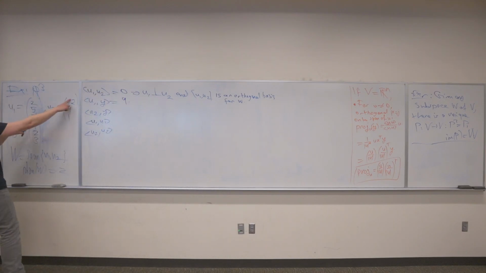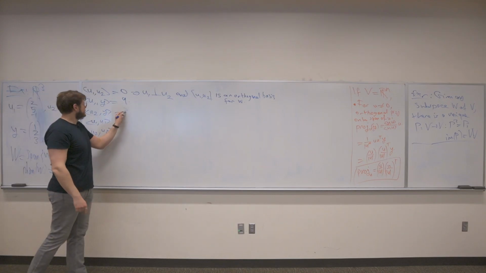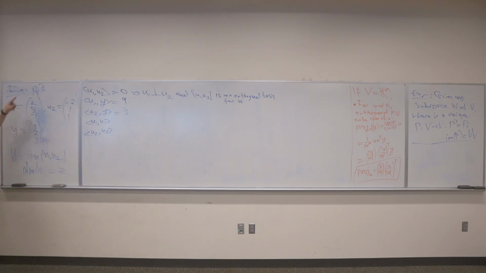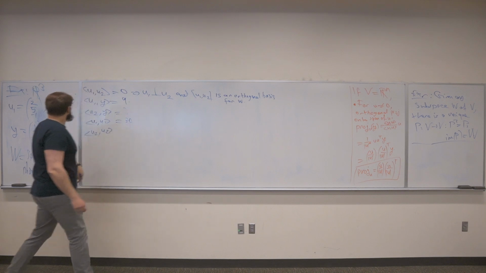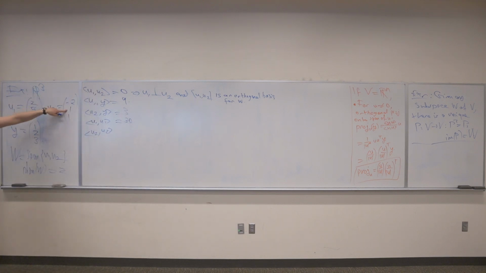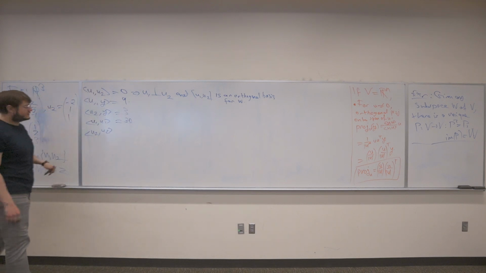Then y against u2: minus 2, plus 2, plus 3 is 3. u1 against u1: 4 plus 25 plus 1, 30. u2 against u2: 4 plus 1 is 5, plus 1 is 6.